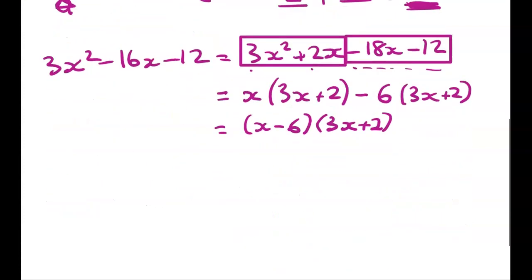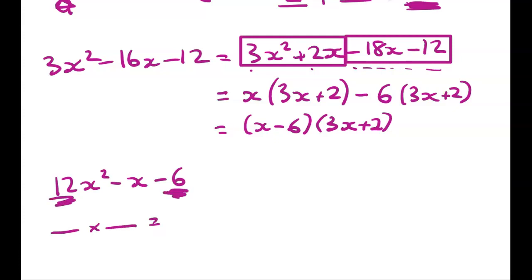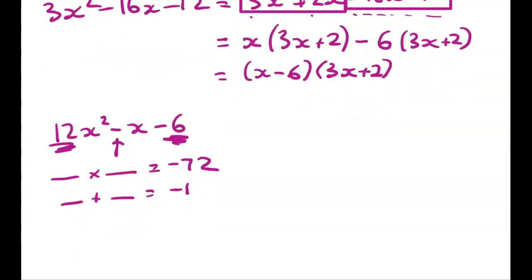Now we do the same thing for 12x squared minus x minus 6. I want two numbers that multiply together to give me negative 72, and I want them to add to negative 1. Thinking about the factor pairs of 72, we should see quickly that 8 and 9 have a gap of 1. So if I use 8 and 9 and make the big one negative so that they add to negative 1, that's going to work.